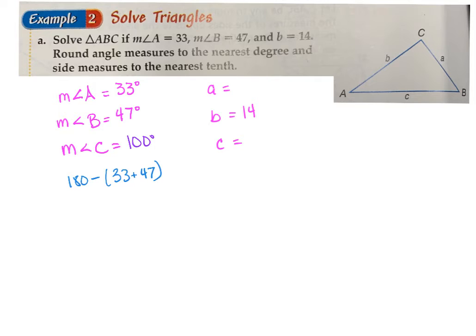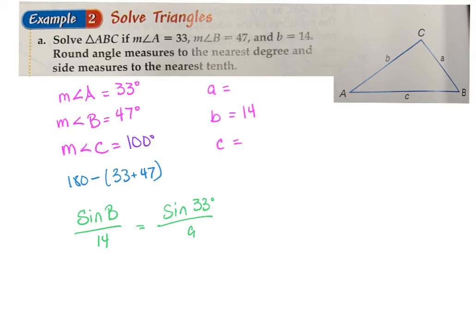All right, so now we can use law of sines to solve for our other ones. The only letter that has both things, angle and side, is B. So I have to start with that guy. All right, so I'm going to start with B here. And I'm going to say the sine of B over 14 equals the sine of A, which is 33, over side A. Now here's what you don't want to do.